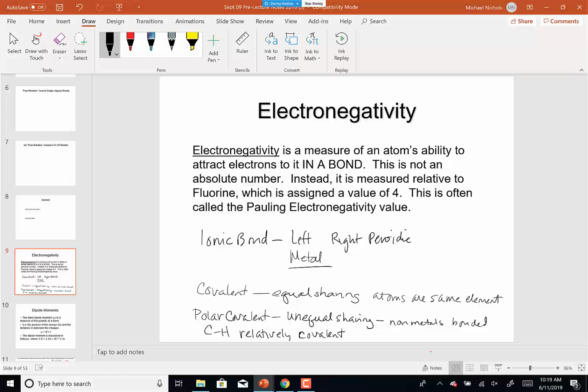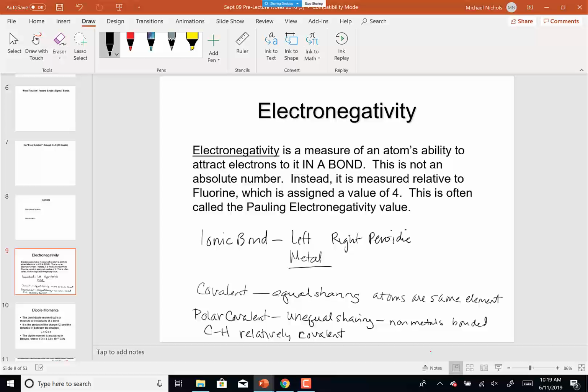So we're going to deal with covalent and polar covalent bonds when we're talking about electronegativity and when we're talking about polarity. So we're not going to deal with ionic, because we'll make ions in organic, but not very many. So that's going to be most of our situations.